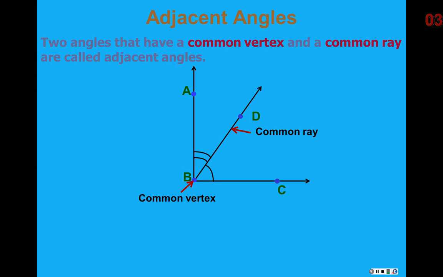So when you have two angles that are side by side, you have angle ABD and angle DBC. They both have the same vertex in the middle, but their sides are different, and they both have a common ray. The ray is ray BD. So this is the situation where you have adjacent or side by side or what's called linear angles. You might hear it with those three different terms.